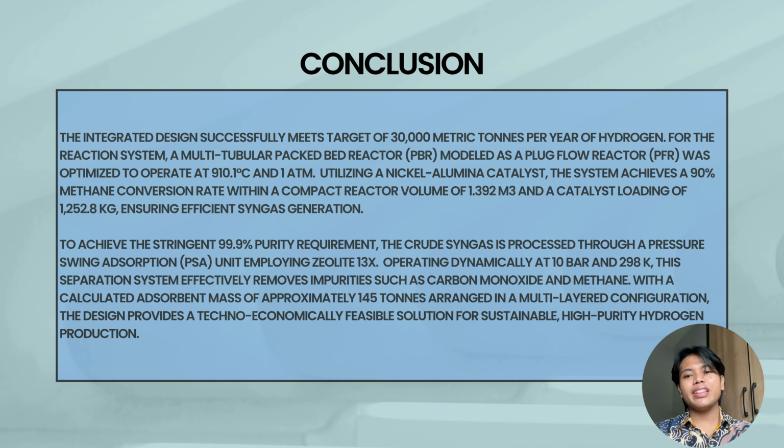Operating at 10 bar and ambient temperature, our system uses a multi-layer configuration with about 145 tons of adsorbent. This robust separation stage is the key to ensuring we hit that critical 99.9% purity requirement.